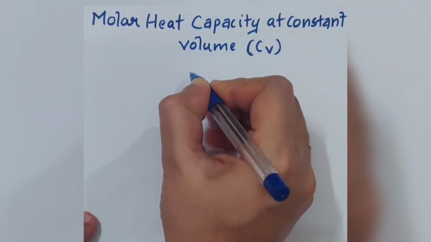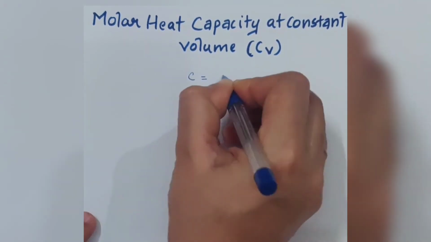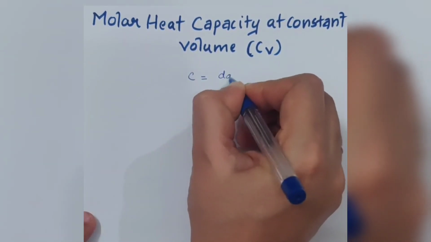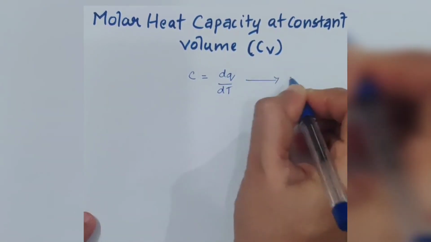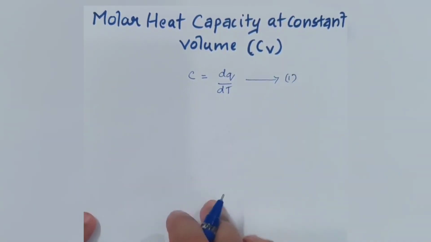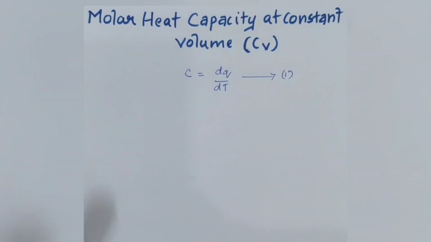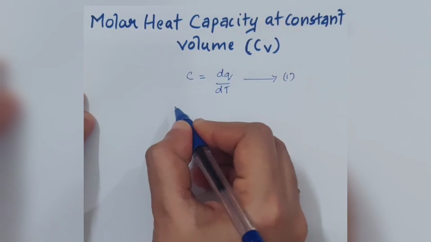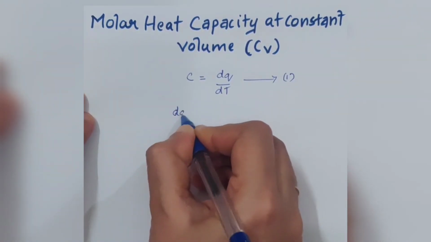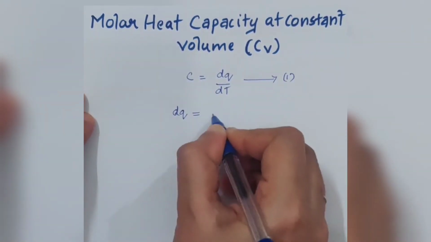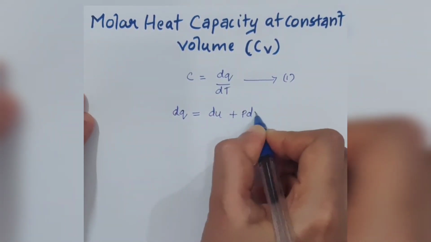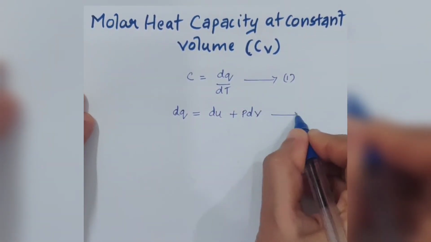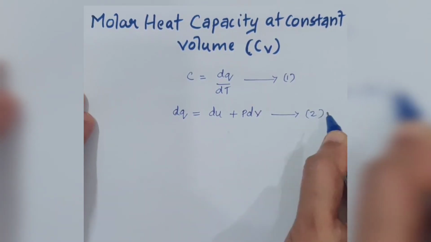Okay, we know that C is equal to dQ by dT. You can put it as equation number 1. So, according to the first law of thermodynamics, we have dQ is equal to dU plus PdV. Put it as equation number 2.